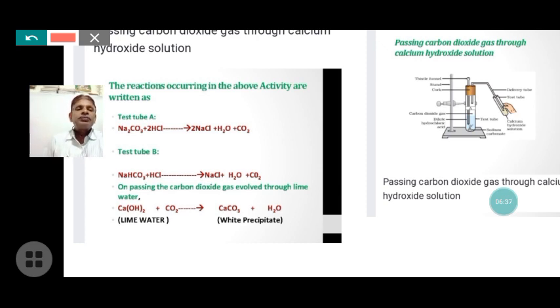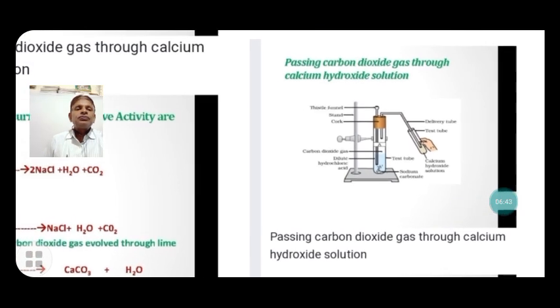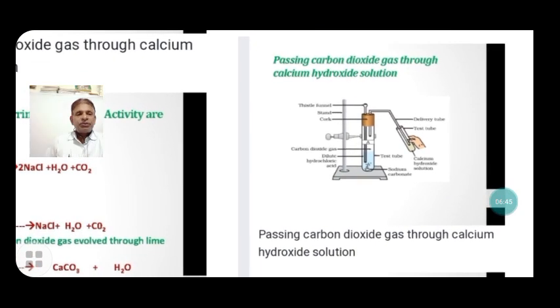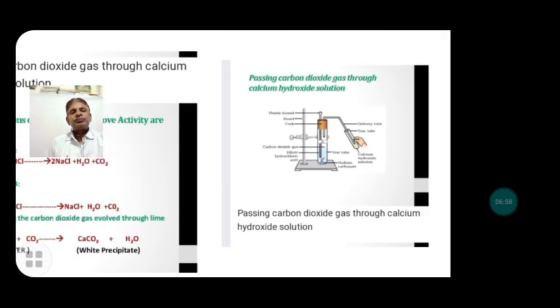Here the equation is given showing how calcium carbonate is formed when carbon dioxide is passed through the lime water.